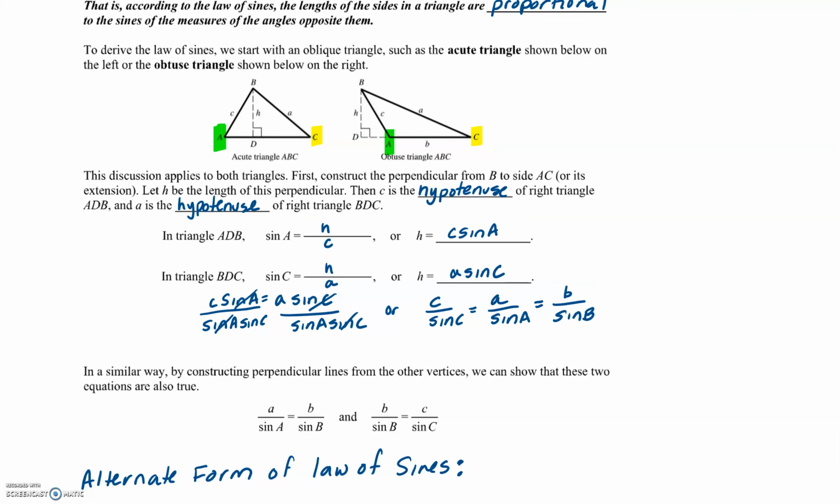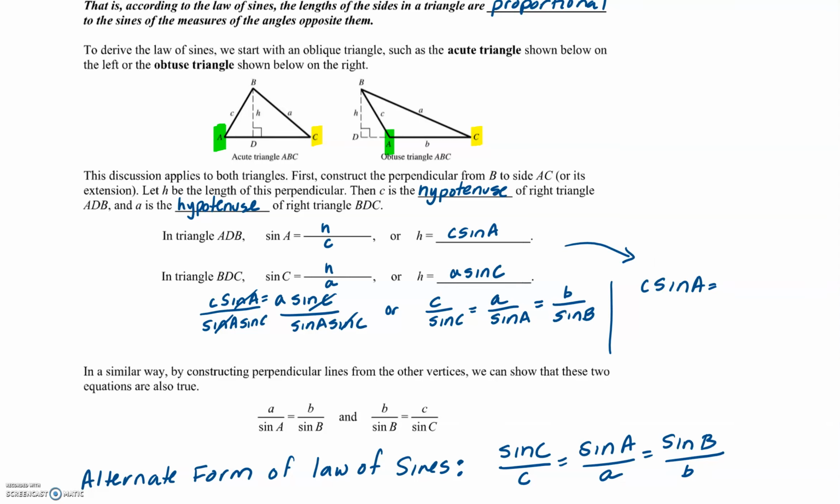Just so you know, there is an alternate form of the law of sines. You can flip each one of these. So you could have said that sine of C over c equals sine of A over a, which is sine of B over b. To see this, we could have set these two equal to each other. Again, c sine of A equals a sine of C, the two h's.